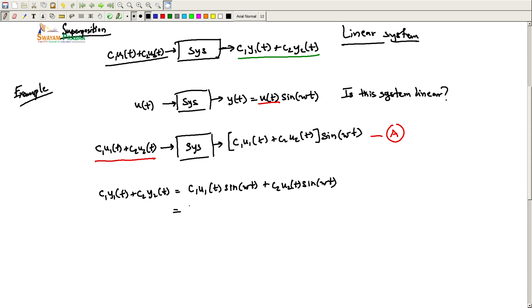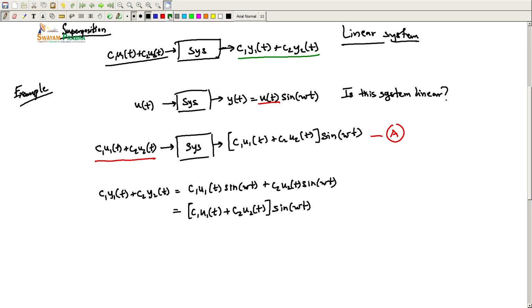We can pull out the common part sin omega t to get the second expression.